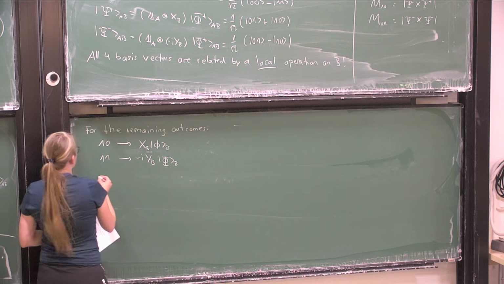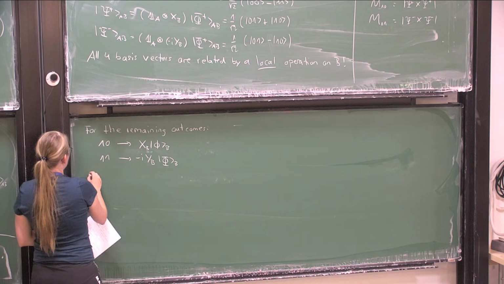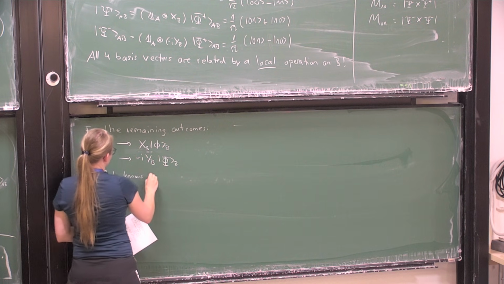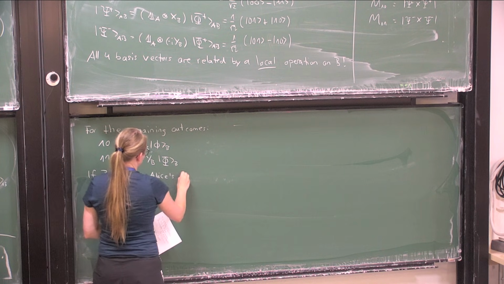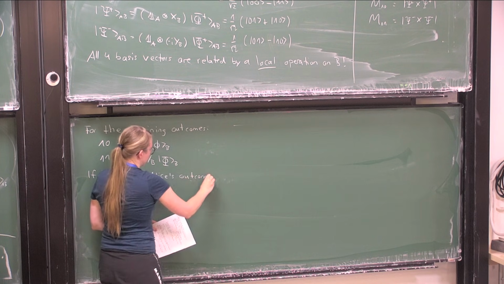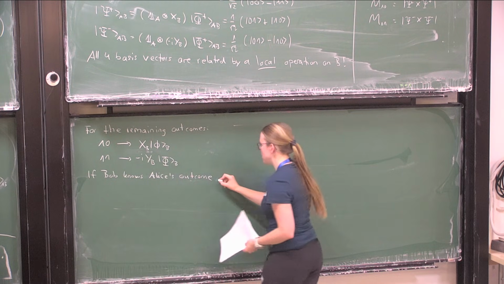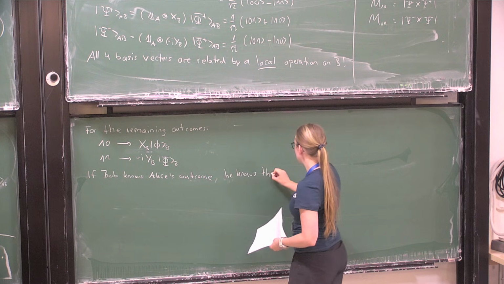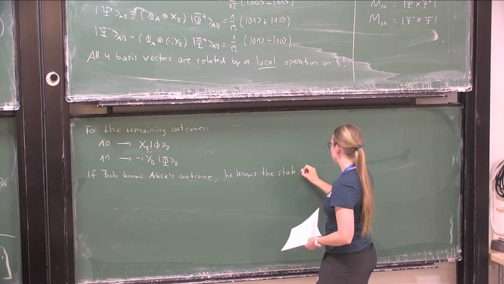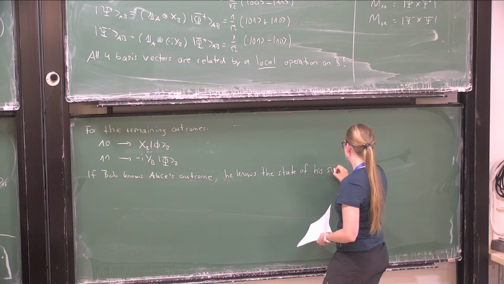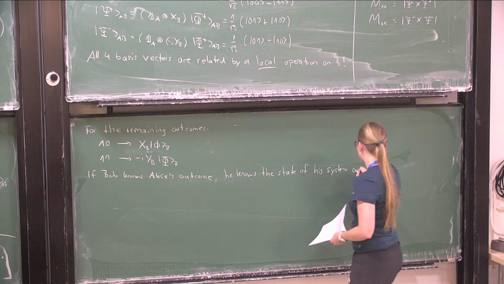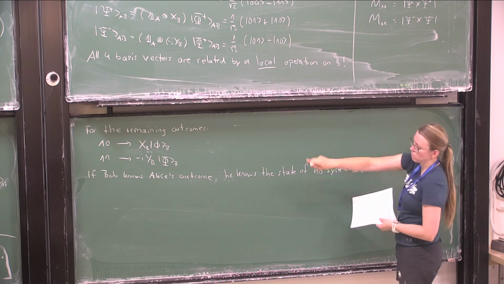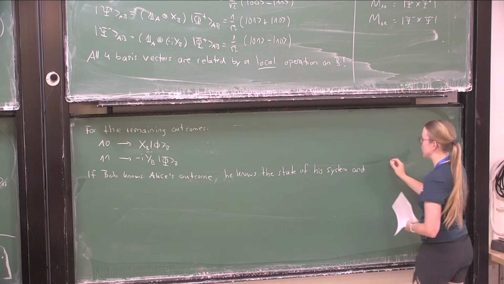So Bob needs to know Alice's outcome. Then he knows what state his system is in, and he can apply an operator to correct this twisted state and get the original state back.